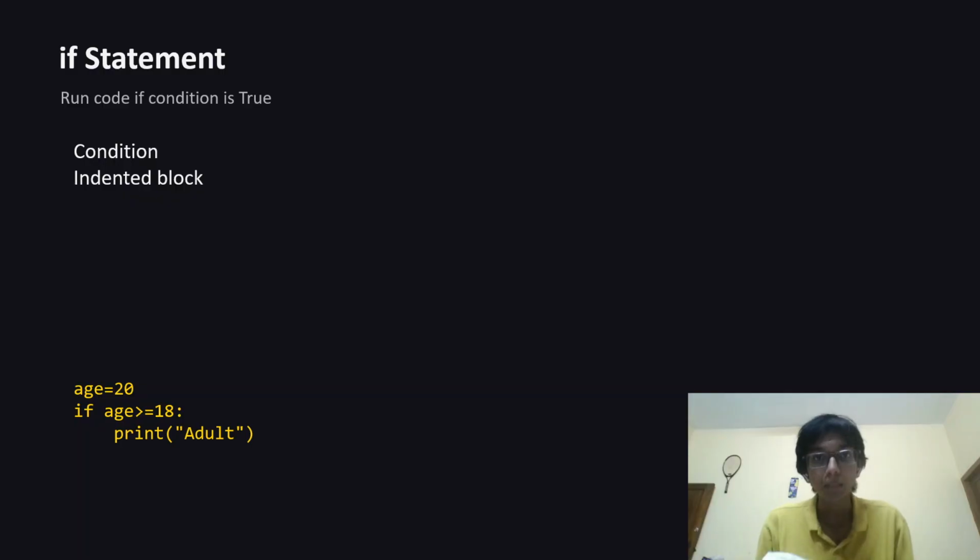Indented blocks are nothing but space. An indented block is four space bars, or four space keys, or one tab key. One tab key is equal to four space bars. You are not supposed to use both of them together, only one of them, because if you use both, you're going to get a tab space error.